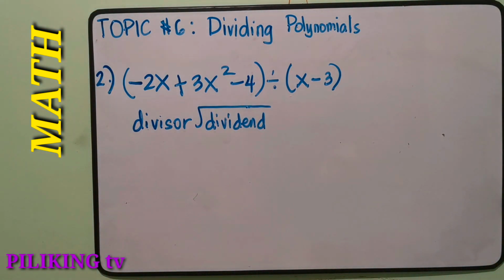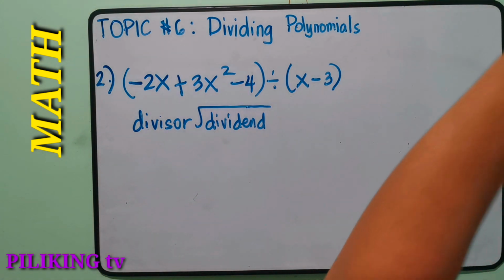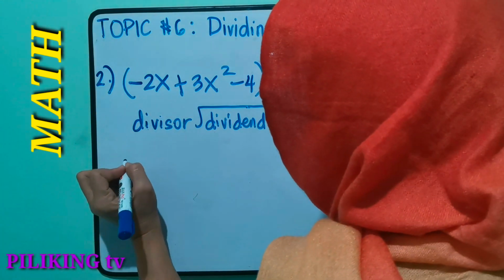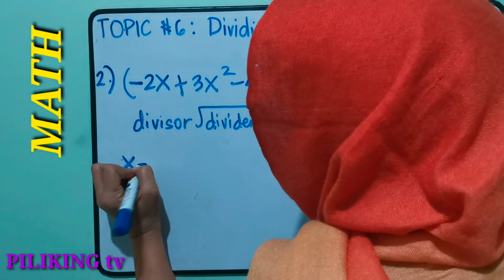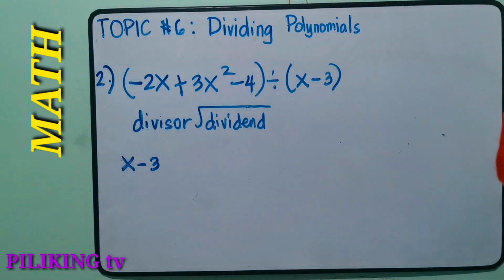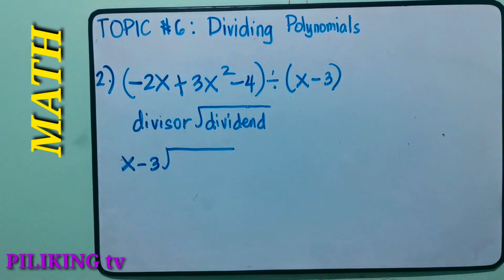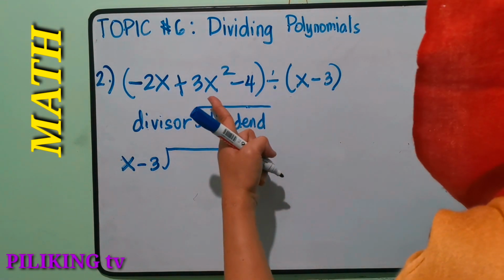Okay, so let us have number 2. Let us now arrange it. So we will have x minus 3 as your divisor. Then the dividend. So let us arrange. Which comes first?